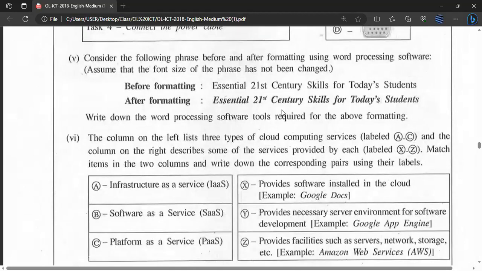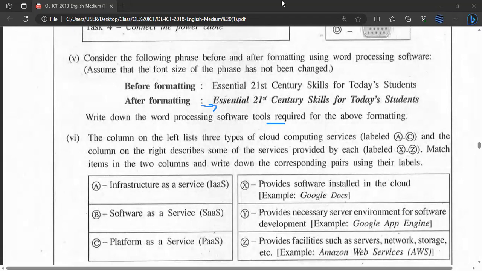Consider the following phrase before and after formatting using word processing software. Assume that the font size of the phrase has not been changed. Okay. So before formatting, essential 21st century skills for today's students. After formatting, you have, so write down the word processing software tools required for the above formatting. So we can come to know that it has been bolded and in italics, and also there is a superscript.